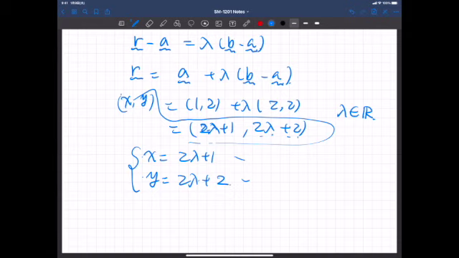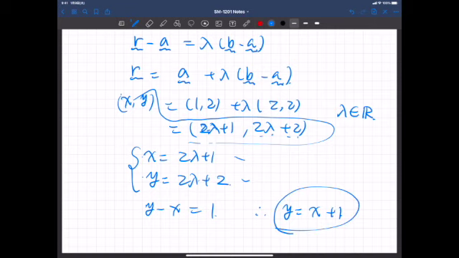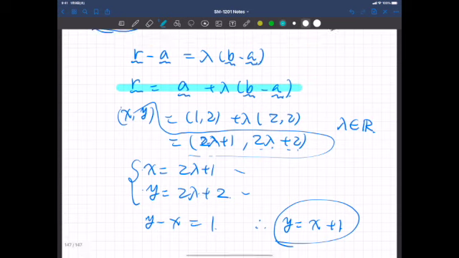So that will give you y minus x equal to, let's see, 1. So y is equal to x plus 1. This is the usual expression for the line. But this expression is very intuitive actually.